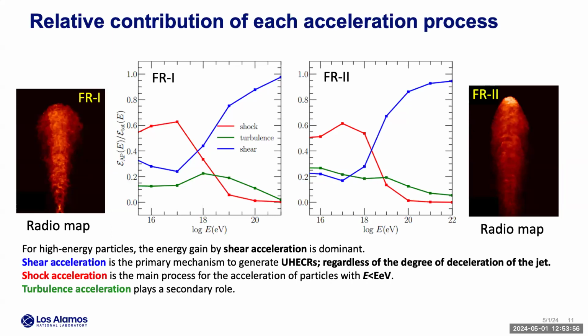I didn't show the more diffusive jet flow here, but if the Lorentz factor is much lower, then the shear ratio will be reduced, and they will generate more turbulence and shocks. So the contribution of shocks will be increased. Is that your question?